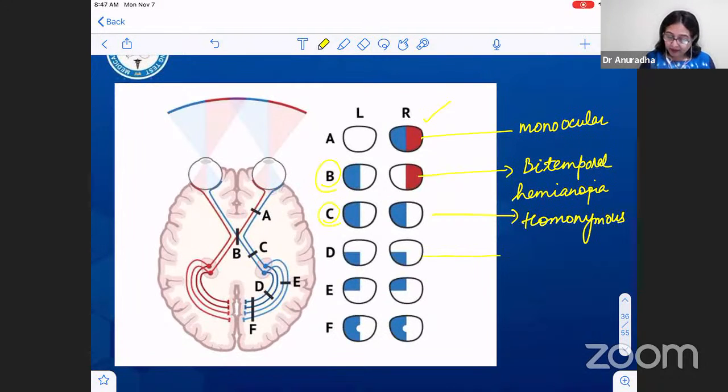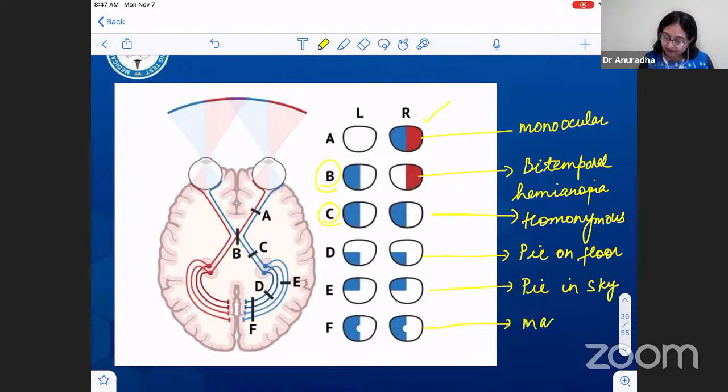So here you are seeing pie on the floor, which is seen in parietal lobe lesions. Here you are seeing pie in the sky, that is superior quadrantopia, in temporal lobe lesions. And here you are seeing macula sparing homonymous hemianopia in the cases of occipital lesion, right?